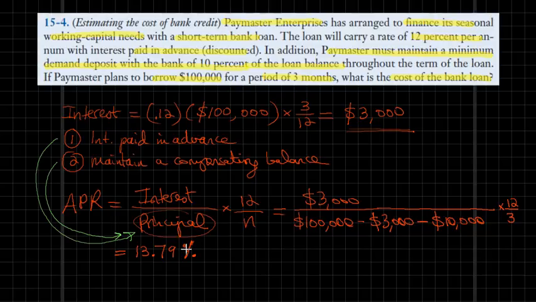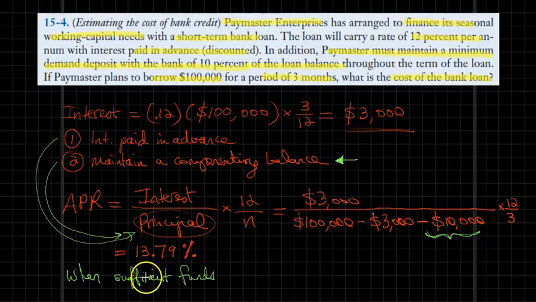Now, what if our company already had a compensating balance with the bank? In that case, we would remove this $10,000 from the denominator of the APR calculation, and the second condition wouldn't be a binding restriction, since the company has sufficient funds.